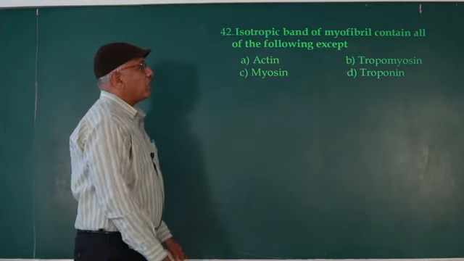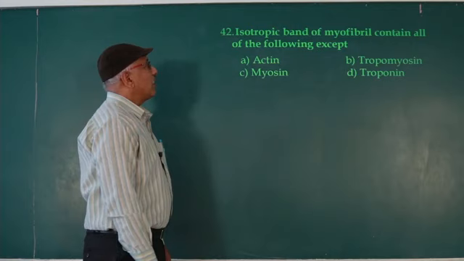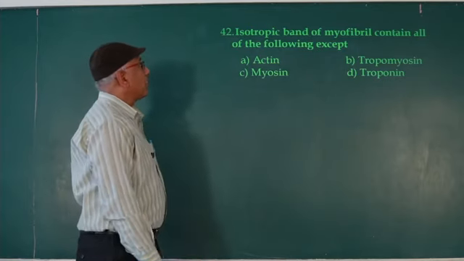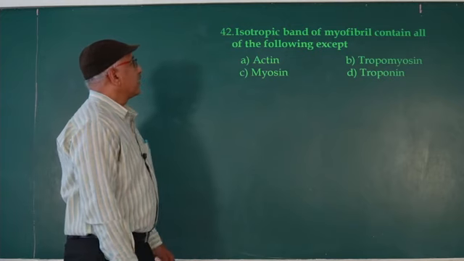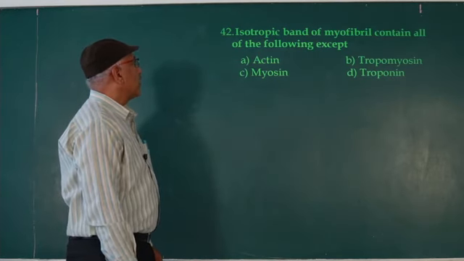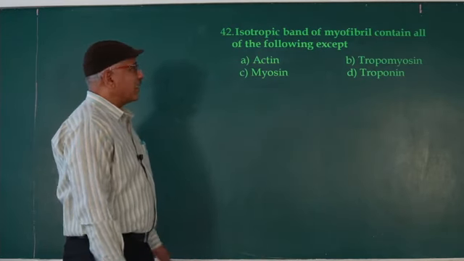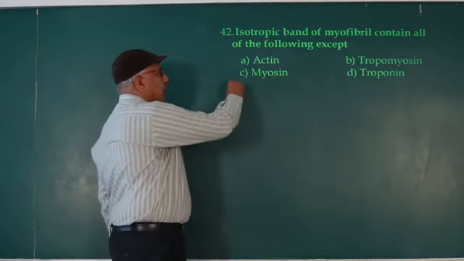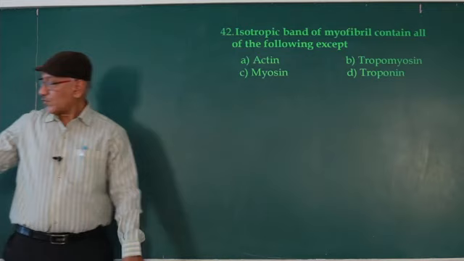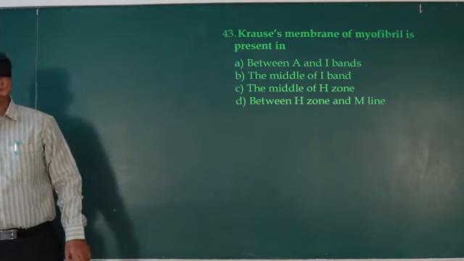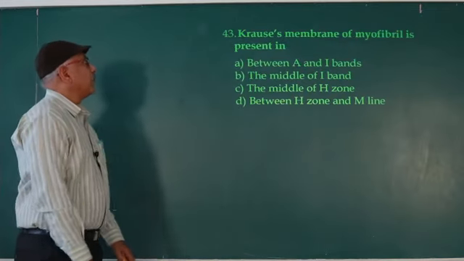Isotropic band of myofibril contains all of the following except. Isotropic means I band contains actin, tropomyosin, troponin, except myosin. Myosin is present in the myosin filament.